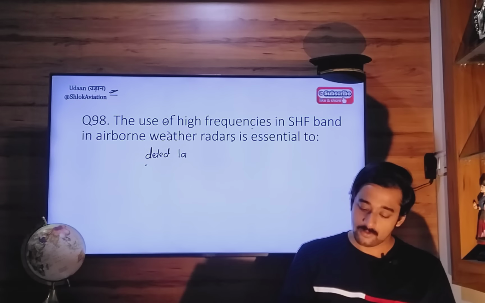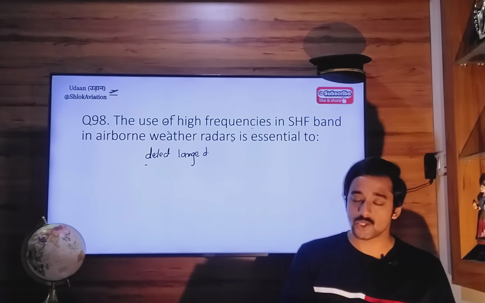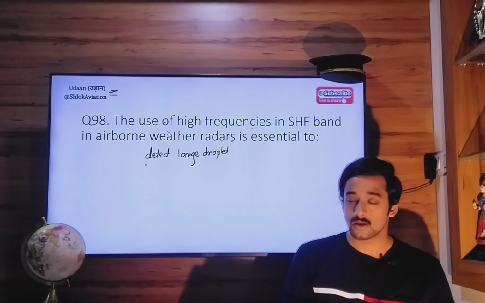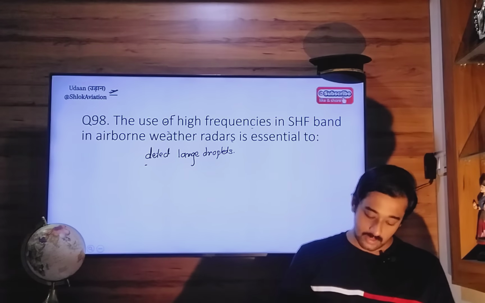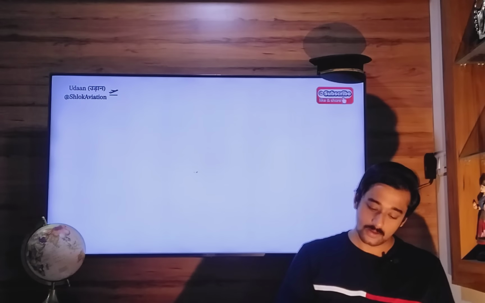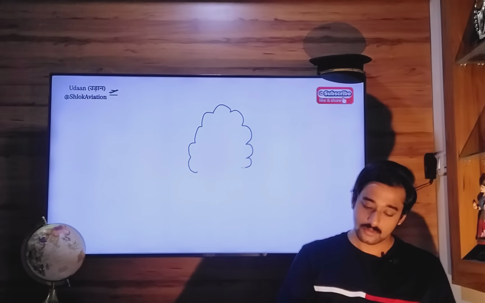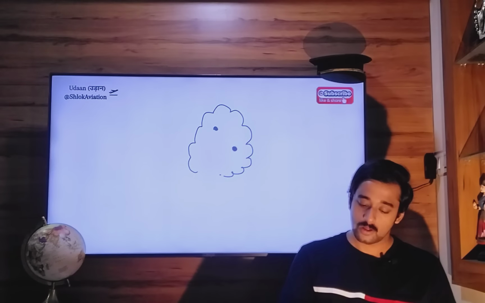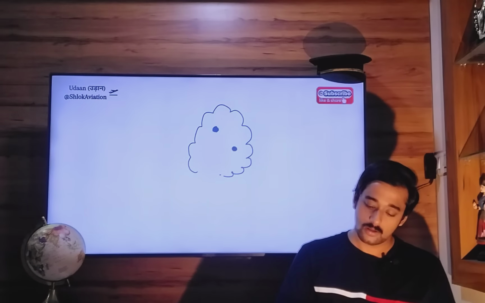So we are concerned about large droplets, not the small droplets. So let's say this is a cloud and there are these large water droplets in this cloud, like this. And then there are some small droplets also, like this.